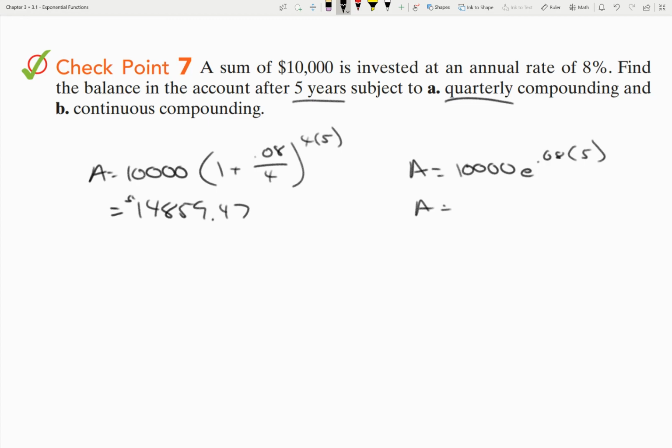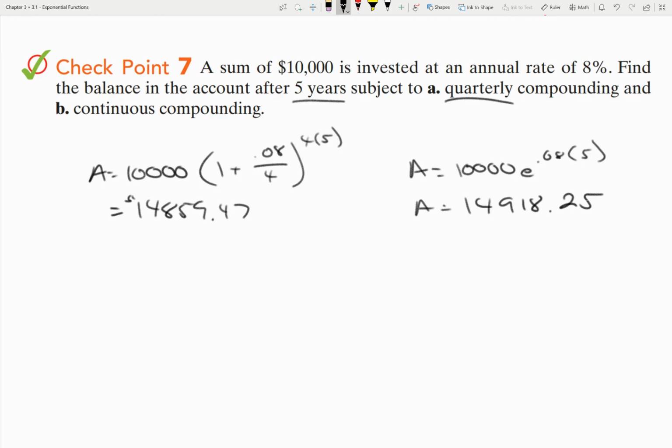So 10,000 e to the 0.08 times 5. And notice that we get $14,918.25. So what is that, 50, 60 bucks or so?